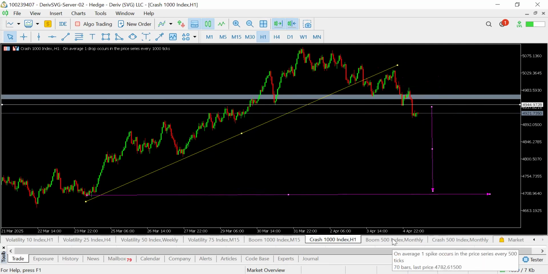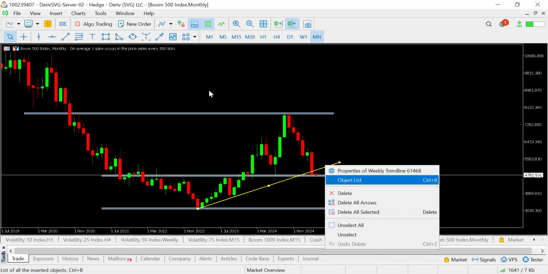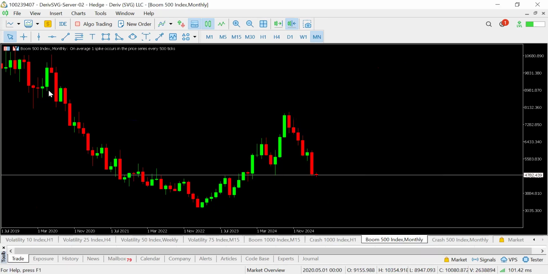So let's quickly look at boom 500. Let me take all these out. Currently we can see that boom 500 is in a downtrend, uptrend. So let's see what happened here.